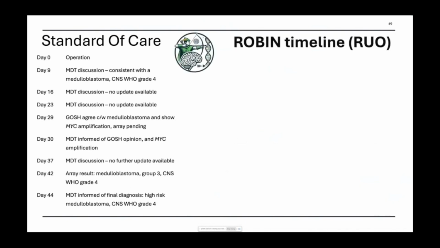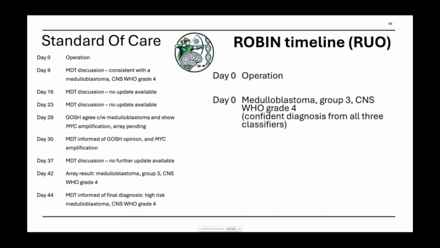Had we been able to use our research use only Robin timeline for this, Day 0 was the operation. On day 0, we had the complete classification, the medulloblastoma, group 3, CNS, grade 4 classification, the confident classification from all of 3 classifiers.